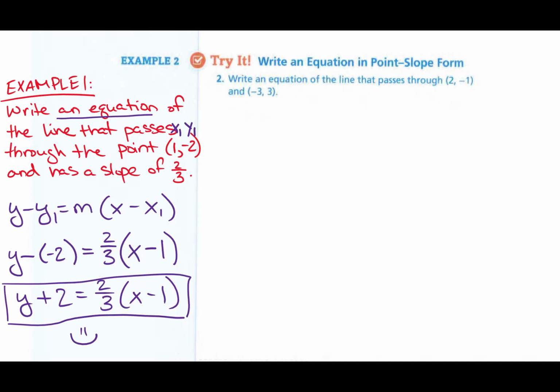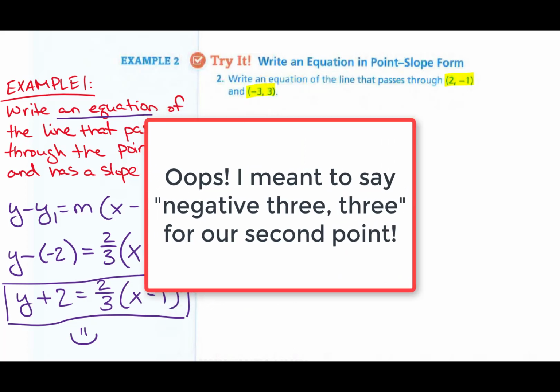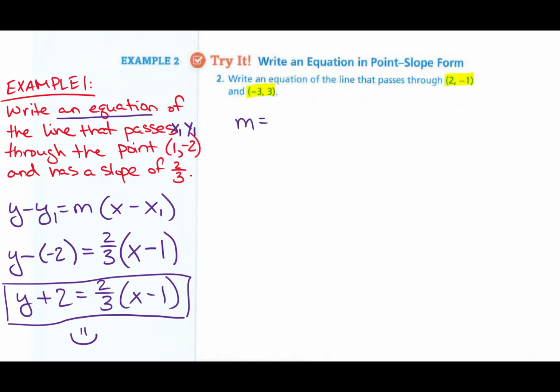For example 2, we're going to do a similar process, so write an equation in point slope form, but in this example, they're giving us 2 points. So we want to write the equation of a line that passes through 2, -1, and -3, -3. There's going to be one additional step. First, we need to find the slope. So we're going to use our slope formula, y2 minus y1 all over x2 minus x1.